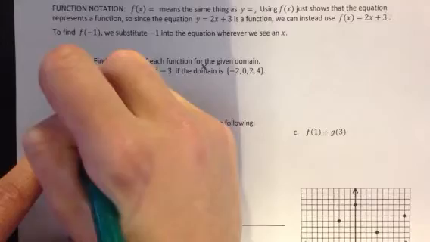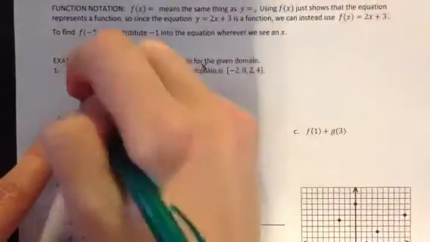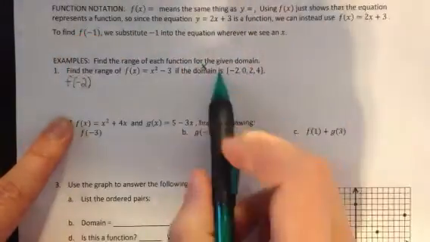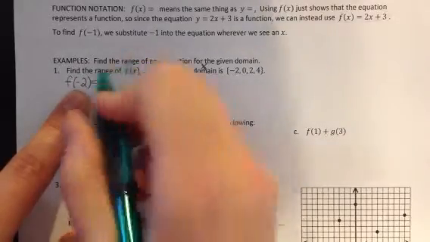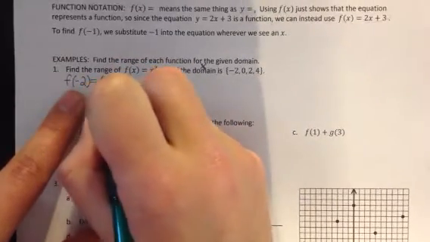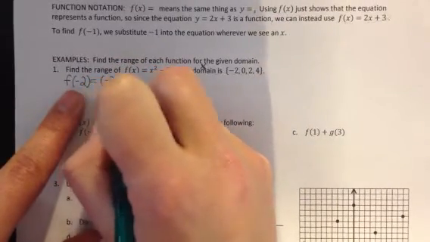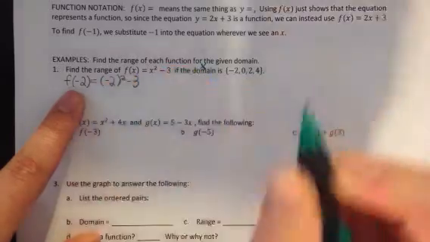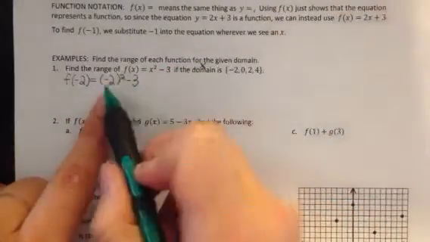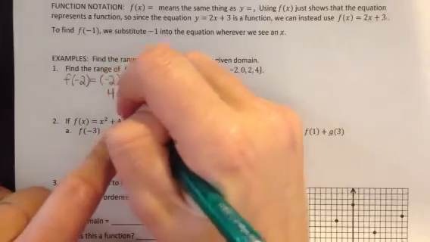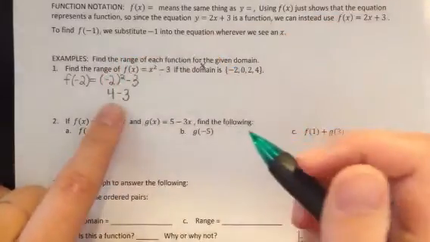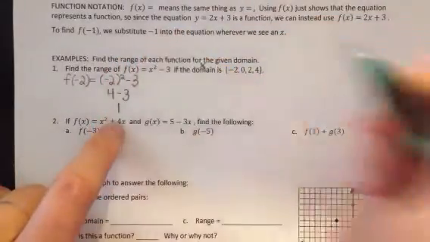So for the first one, we're finding f of -2, plugging in -2 where we see x. F of -2, the function evaluated at -2 is what that means. So for the first one, we've got -2 squared, +4 minus 3. +4 minus 3 is 1.